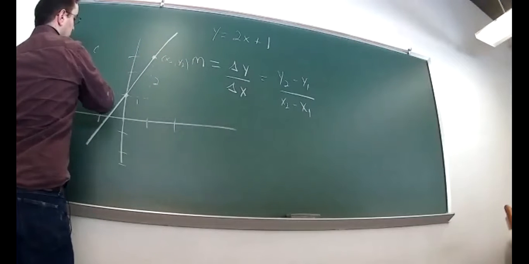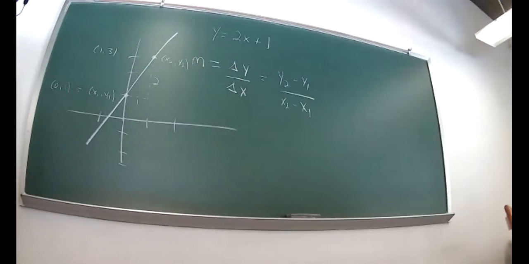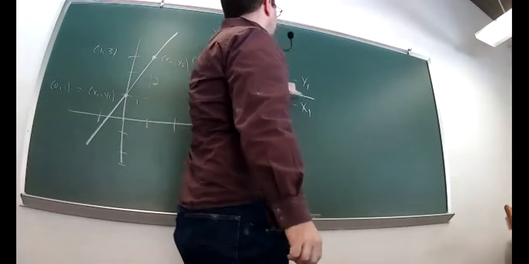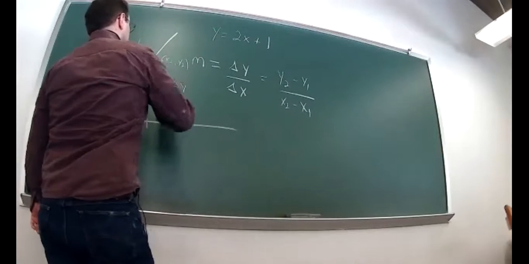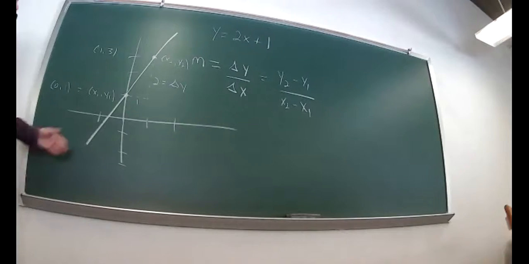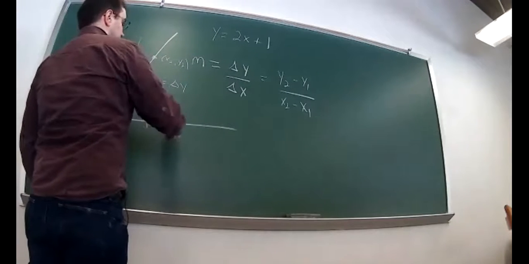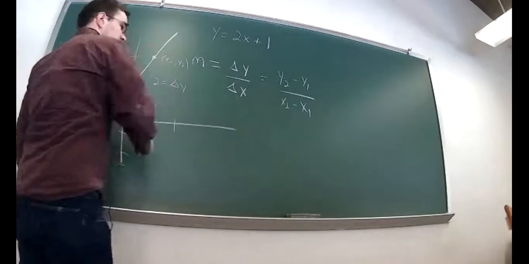In this case, the second one happens to be x equals 1, y equals 3. So you pick those 2 points, and delta y is notation for y2 minus y1. Pictorially here, it's equal to 2. It's this vertical length. Delta x is notation for x2 minus x1. In this case, it's just equal to 1.